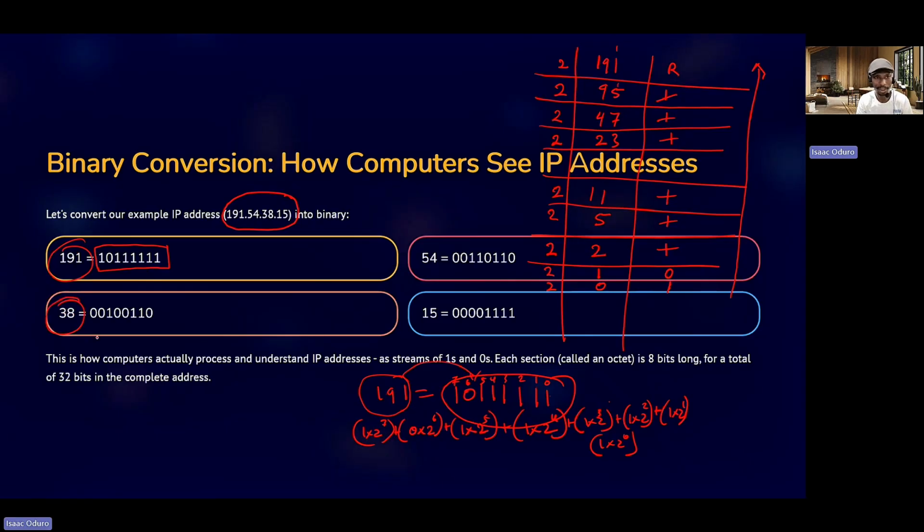38 can also be converted to binary. How did we get this? It's the same procedure that I've done here.